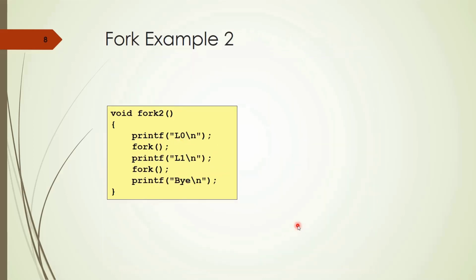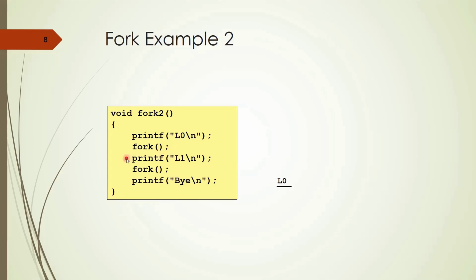Now let us look at the second fork example. So we have seen here two forks. What will be the output, that is, how many times will it be printed? First, L0 is printed. Then with the first fork system call we have a parent as well as a child.